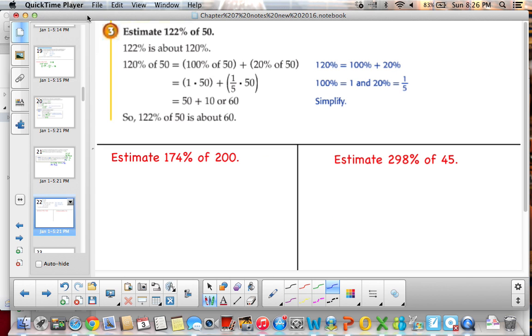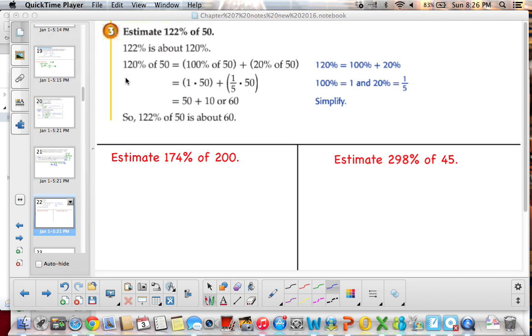If we want to estimate a percent greater than 1, so if we want to estimate 122% of 50, well, 122% is about 120%.